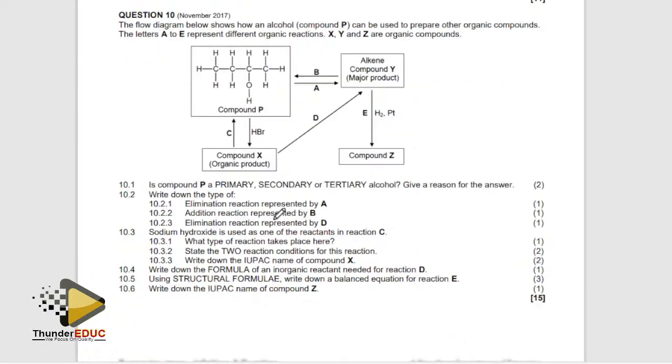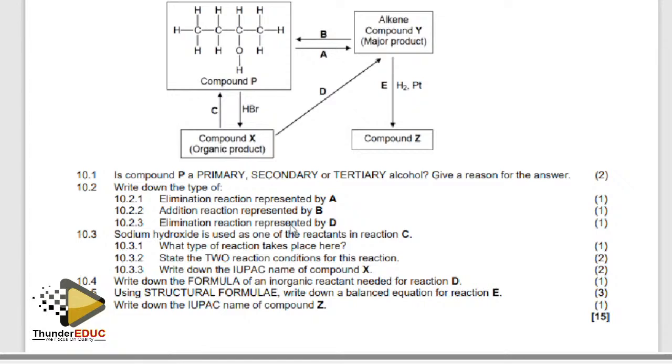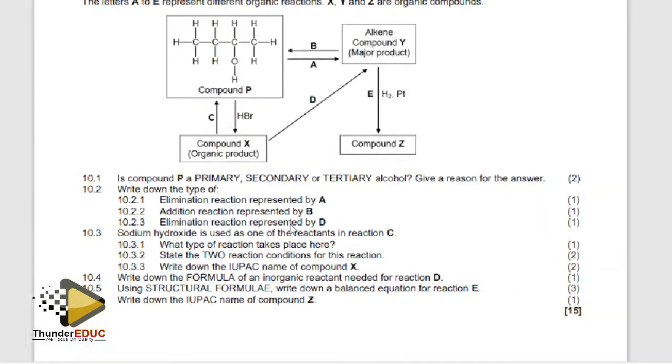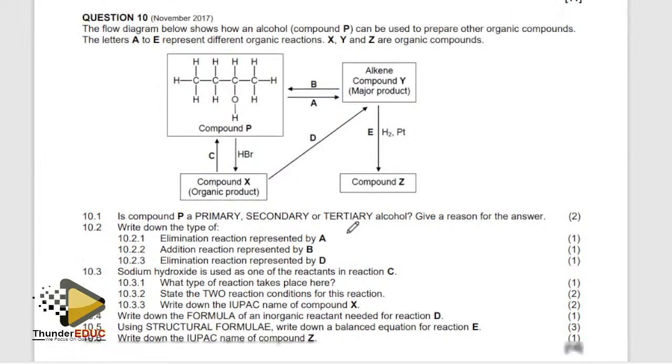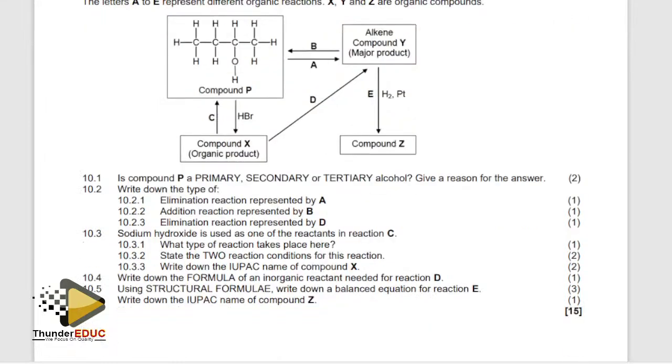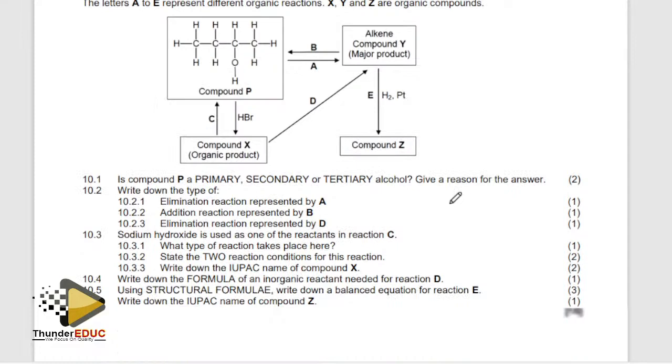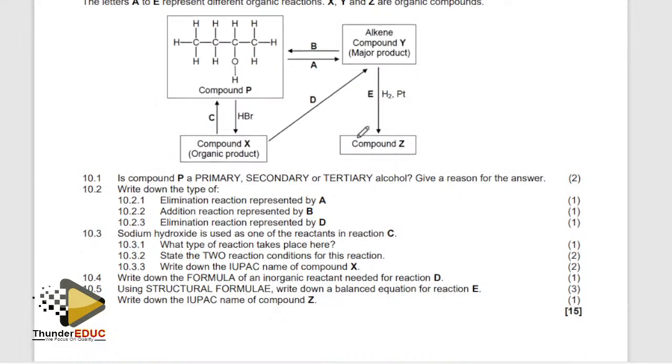Yes. Let's look at this question. Question number 10. Let me just make it a little bit bigger so that you see exactly. Let's cover this question. Yes, because I see this one has the platinum, it has everything I might need in this prediction. All right, guys, let's do this.